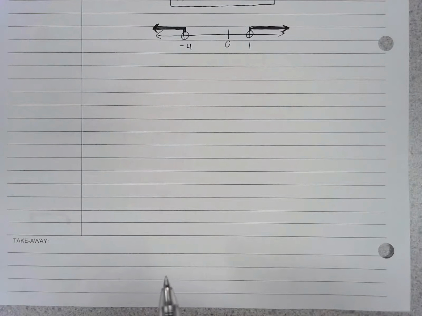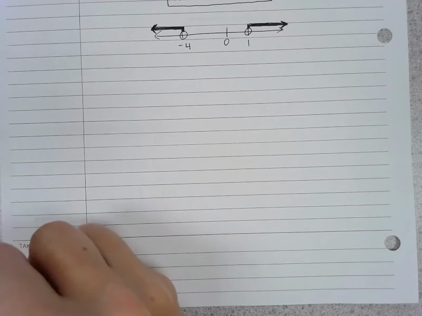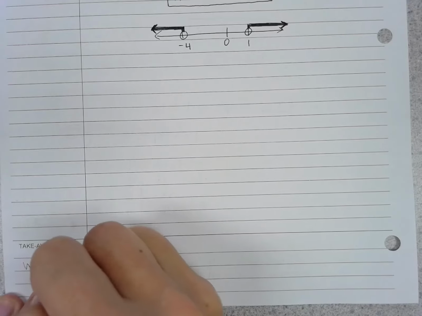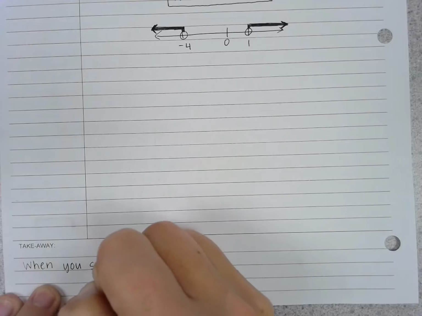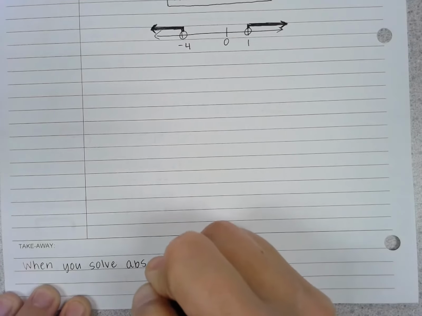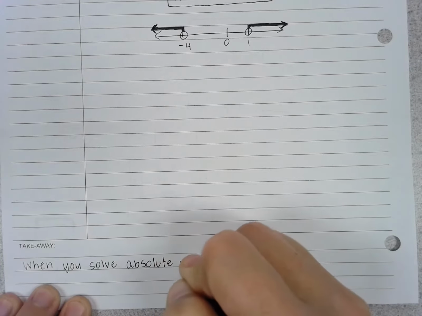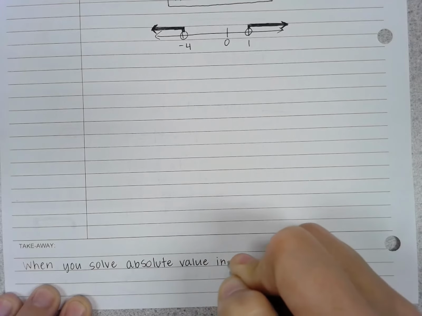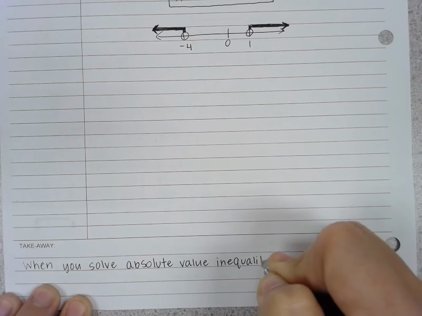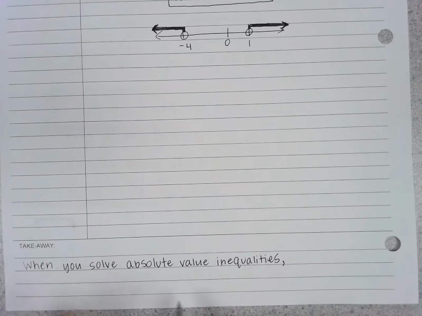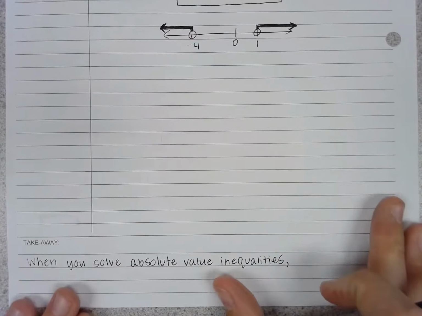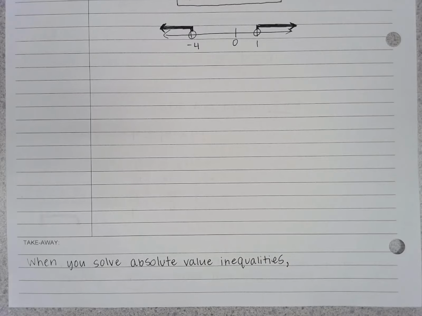That's the only example we're doing on this page, and let's write a takeaway together. When you solve absolute value inequalities, and that's what these are. They're absolute value because they have the bars, and they're inequalities because they have the less than or greater than symbol.